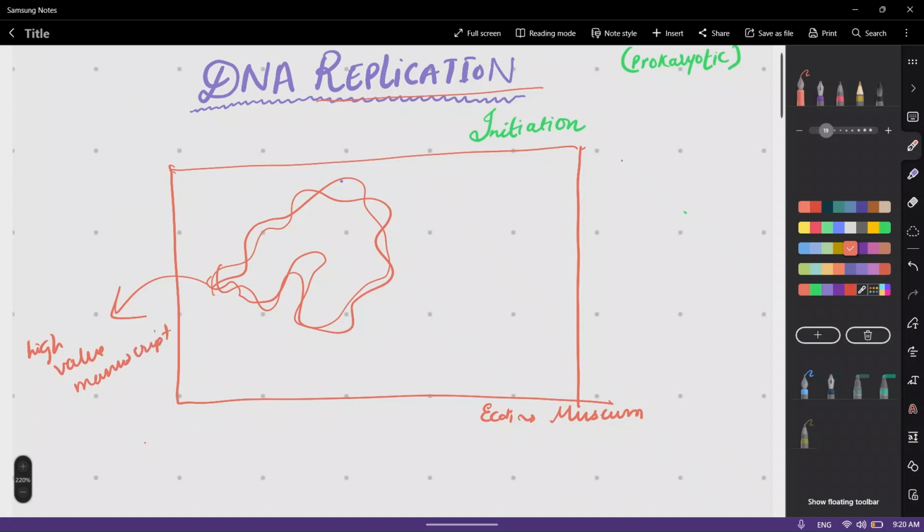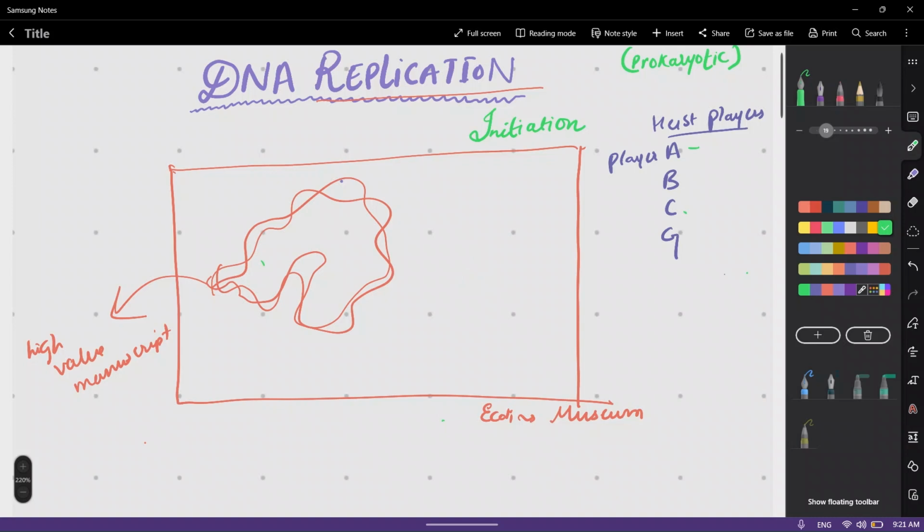Now, if there is a museum, there is going to be a heist, right? In this heist the key players are player A, B, C, and G. They are the key players. So we have the museum, we have the DNA.